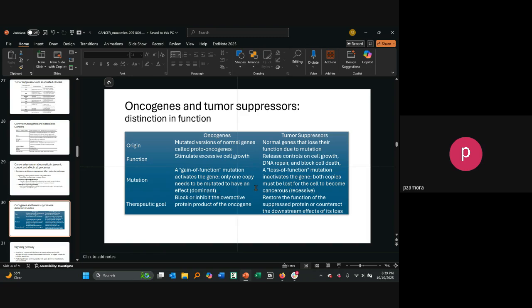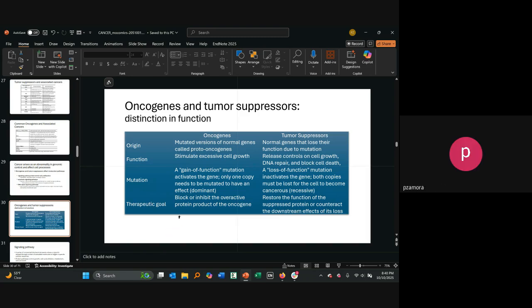On the other hand, tumor suppressors have a loss of function. This inactivates the genes. And both genes must be lost for a cell to become cancerous. This is a recessive trait. On the other hand, oncogenes are dominant. You need to affect only one gene. So looking at the alleles, the reason I talked about the alleles earlier on was as a prelude to this here.